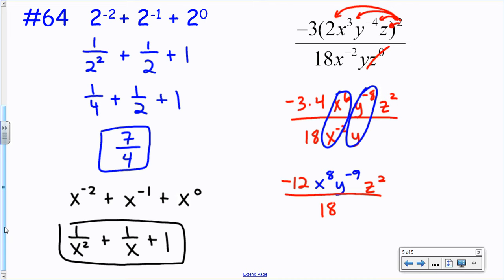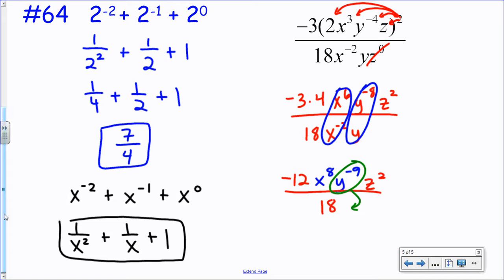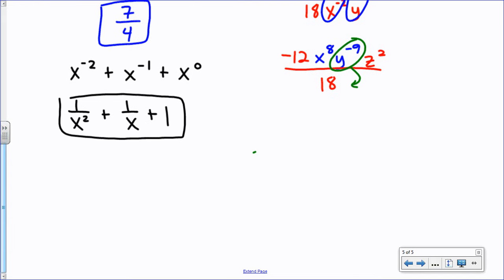Okay, I see I have a negative exponent. So I'm moving that to the denominator. Once I move it, the exponent's positive. So I took care of all the bases with exponents. Now I got to reduce my regular numbers.